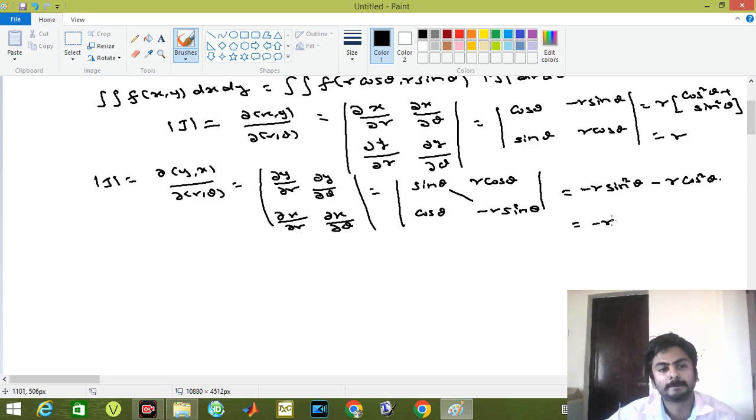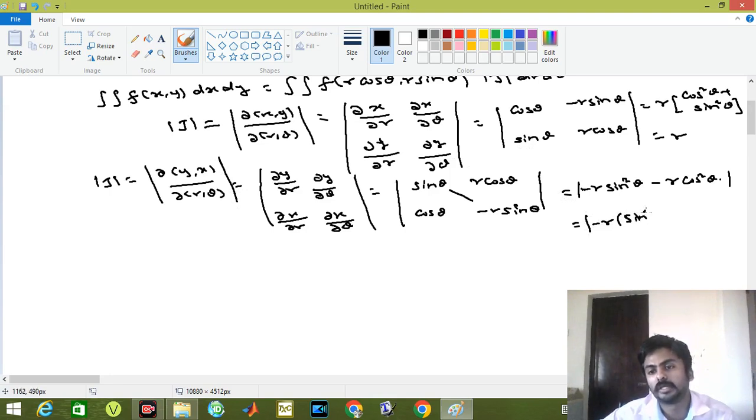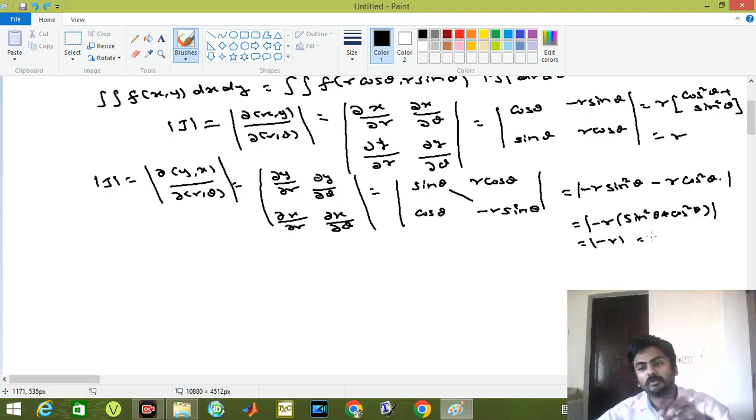Since we are taking the modulus of the determinant of Jacobian, you have to get a determinant for everything. Okay, you have to keep that in mind. So you get minus r into sine square theta plus cos square theta, that is equal to determinant of minus r, that is equal to r.